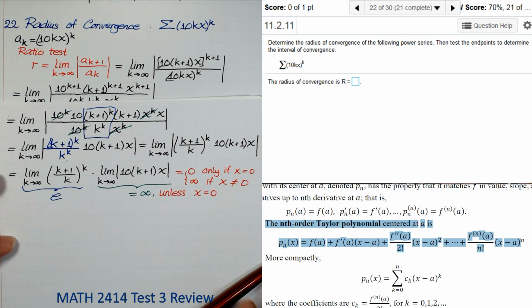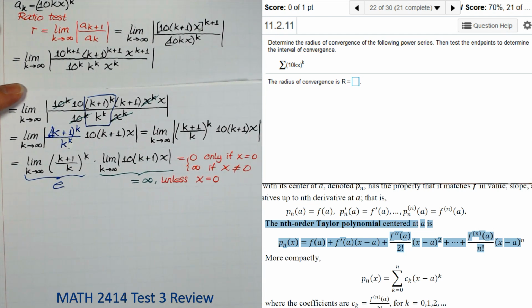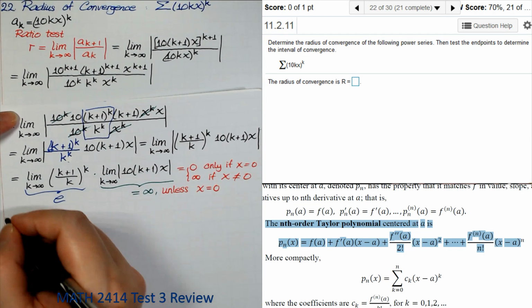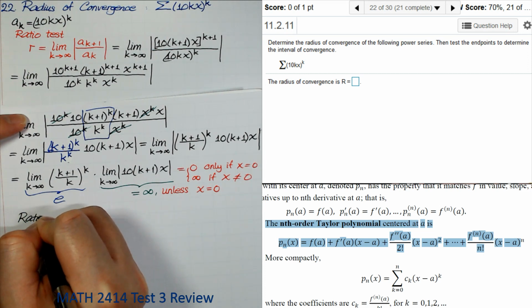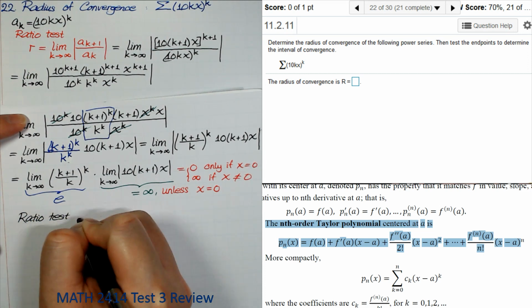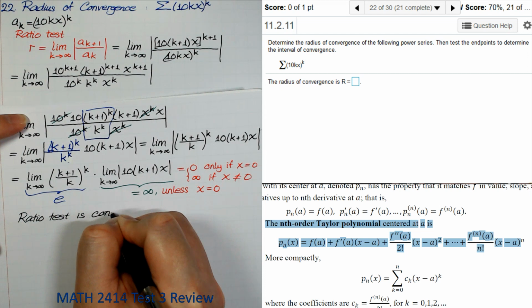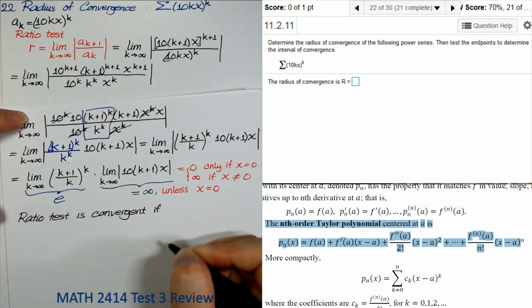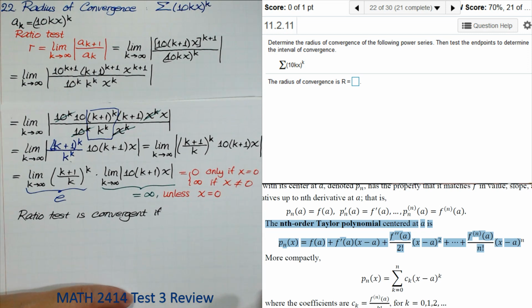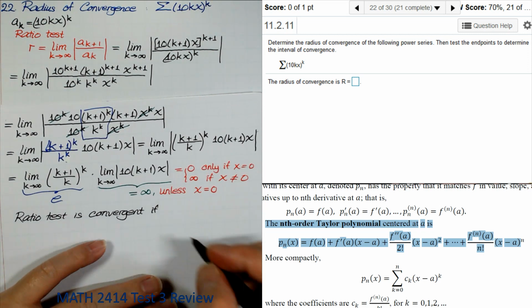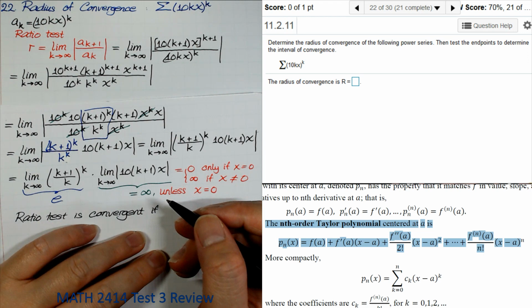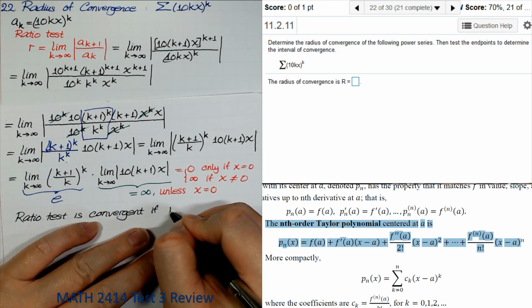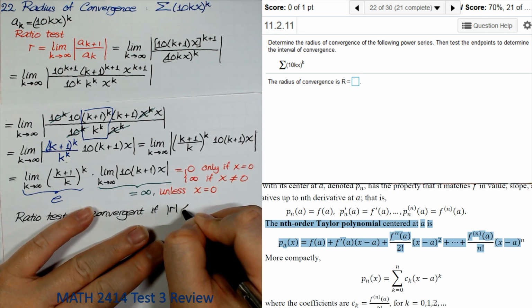So because of this, and we have the ratio test. Let me just write this real quick. The ratio test is convergent only if absolute values are less than 1.